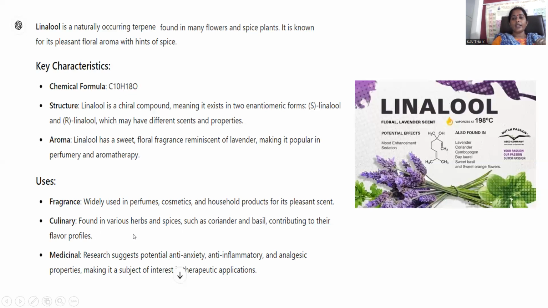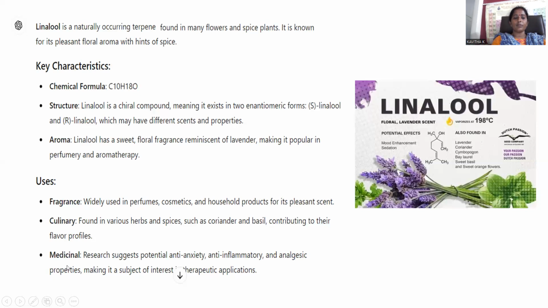So whatever coriander we are using, coriander leaves, everybody, that is the most common, curry leaves we can use in our kitchen, that used to enhance the flavor of whatever we are cooking. Linalool is the component which is present in coriander.